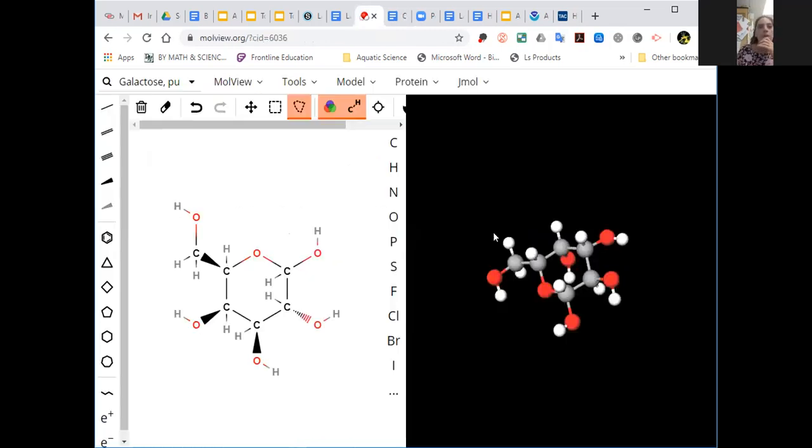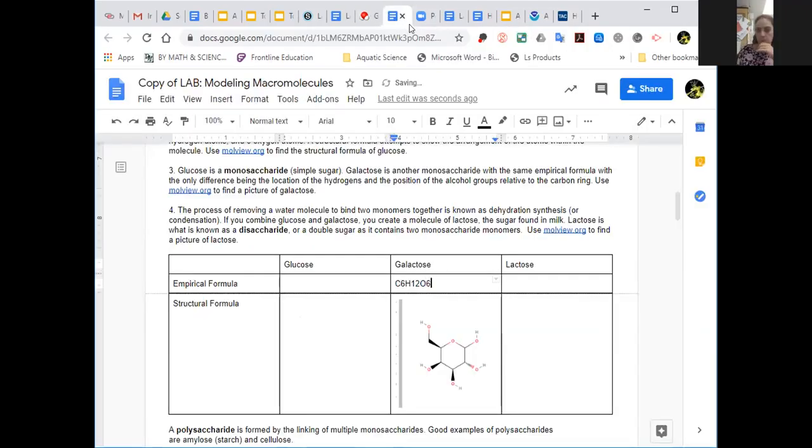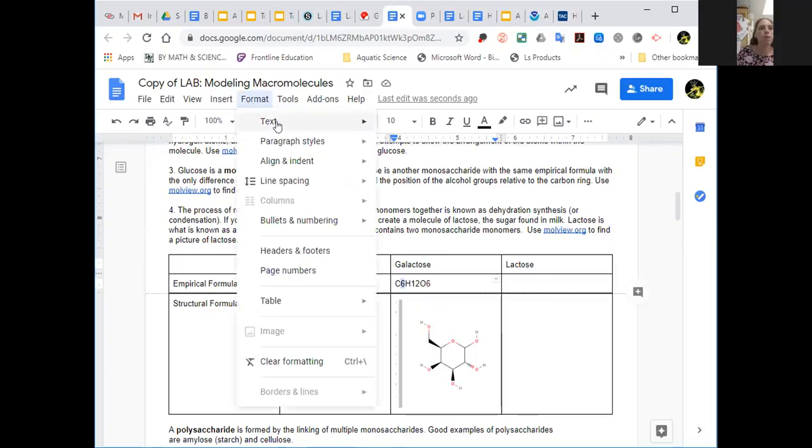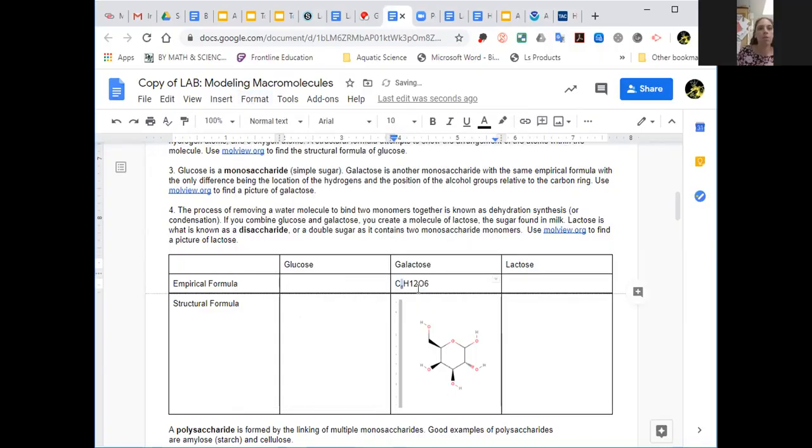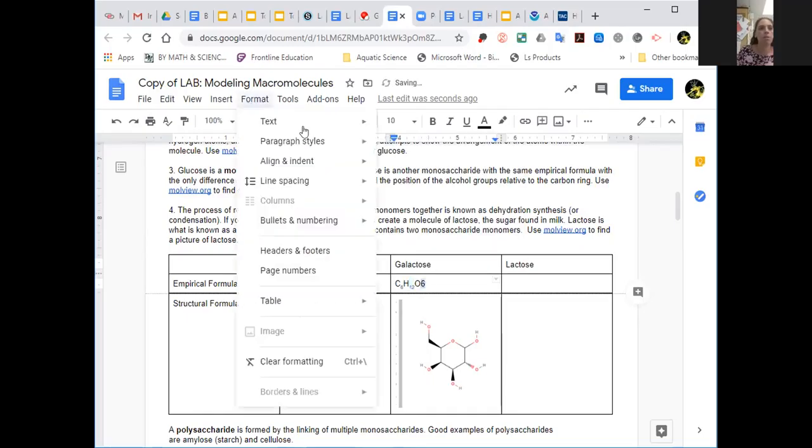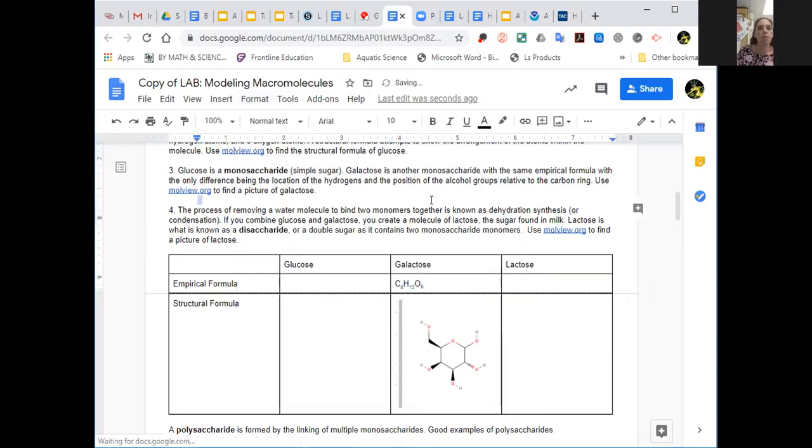And for oxygen, that's the reds: 1, 2, 3, 4, 5, 6 oxygens. So there's my empirical formula for galactose. And to be properly correct, and I'm sure your chemistry teachers reinforce this a lot, all the numbers should be subscripts. There we go.